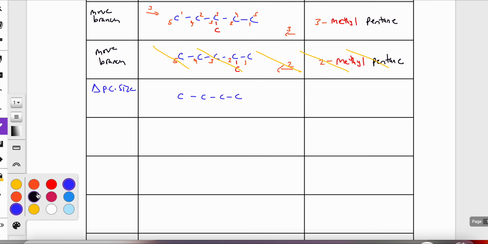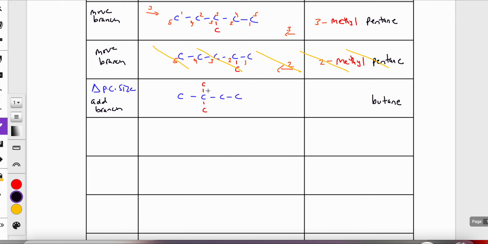And then we have to add branches. So here we go. I'm going to add a branch and add a branch because I have to have 6 total carbons in my structure. My parent chain size is now 4 and it's single bonds, so I know that is butane.